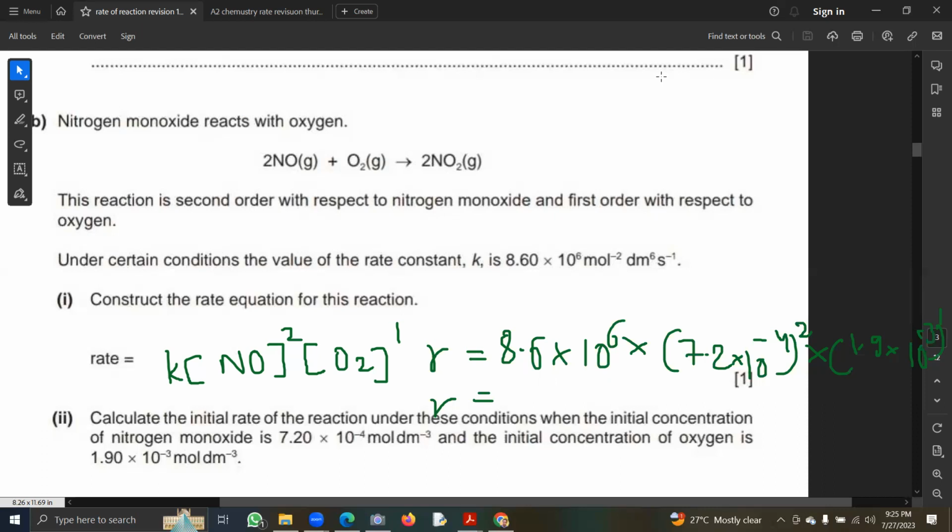Then you get the answer. In the power minus, no, we typed it wrong. Type again, the power is wrong.